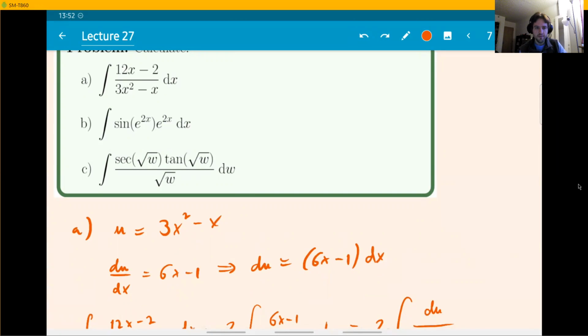Item B, how do we think about B? There's many composite functions that we can see here, but the one that's going to be useful, if you consider this part, sine of exponential, to be composite, the derivative of the exponential is kind of there. It's just missing the factor of 2. So this is the indication of how the u sub is going to work. u equals e to the 2x.